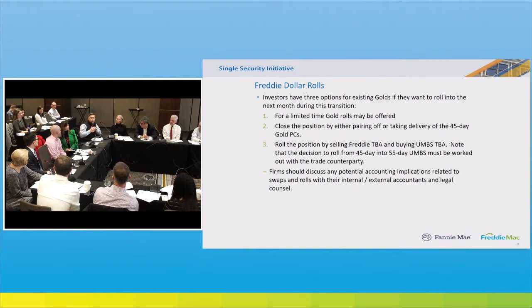I think you can always back into, in a world where there was no gold TBA, you can back into a gold TBA price vis-a-vis the UMBS price, less or plus a generic flow comp. So, I mean, I think margin should be pretty straightforward and operate the way that it does today without issue.